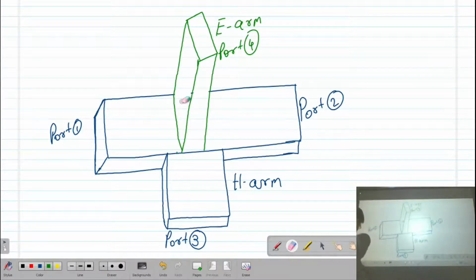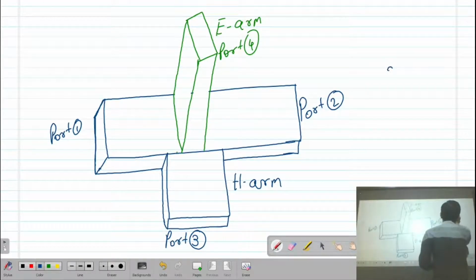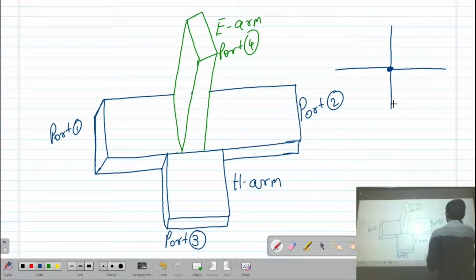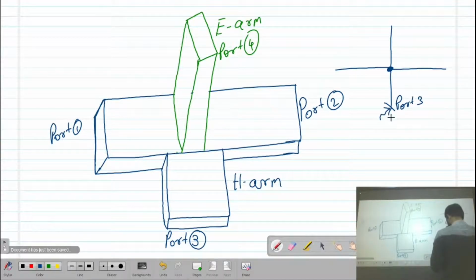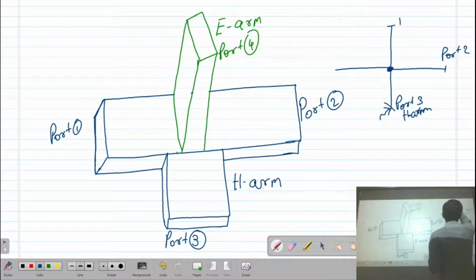This is the junction point. We will have this kind of thing. This is port 3, where we will have input to it. This is the H arm, this is port 2, this is port 4, this is port 1.